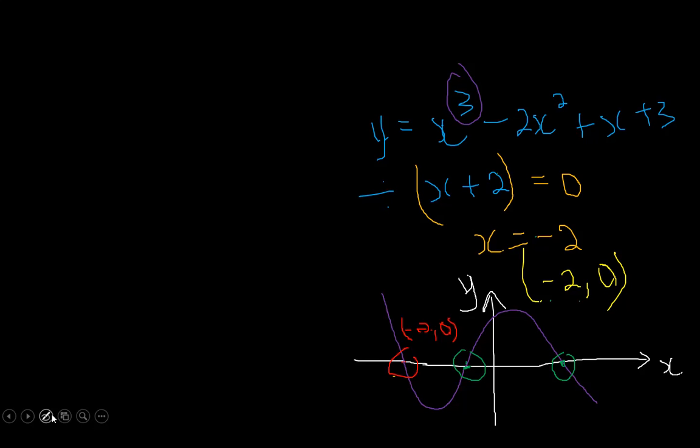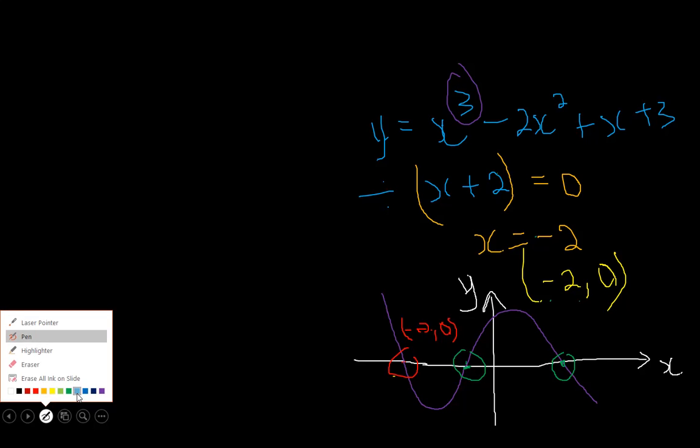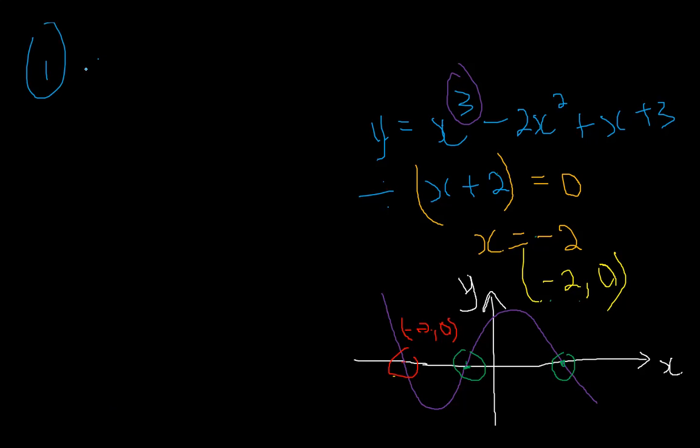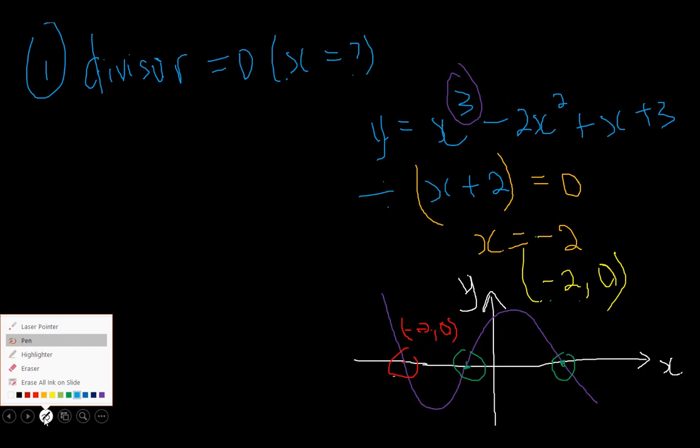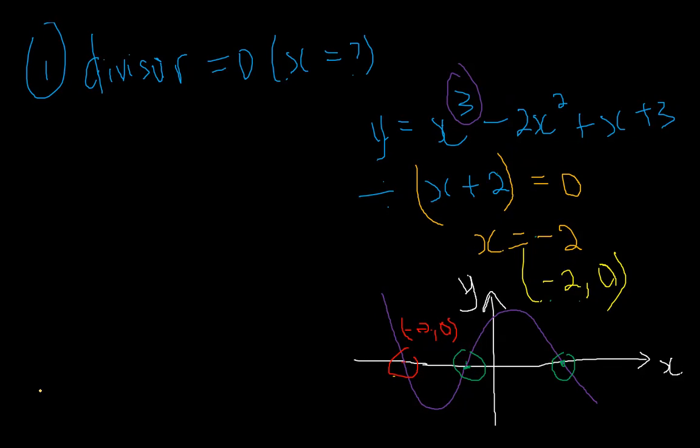Oh, hold on. So you see that remainder and factor there? Remember the first step was to put the divisor equal to 0, to solve for your value of x. When we got a remainder that was not 0, we said, okay, that is not a factor.